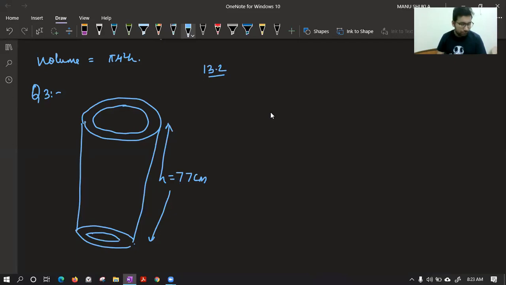The inner diameter of cross section is 4 centimeter. Class, if inner diameter is 4, what is the inner radius? Please tell. I am calling it R in. So R in is given to us as 2 centimeter. What is R out?